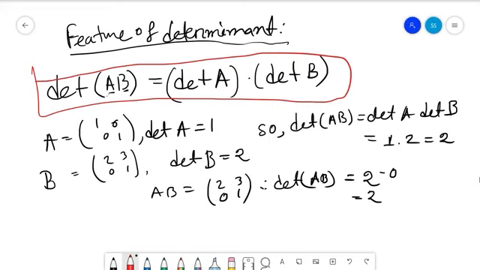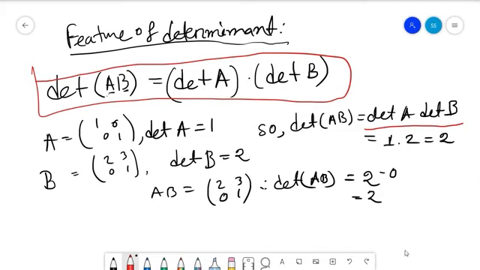And if you see on the right hand side on this part, again we are getting 2. So this is a property of determinant, that it's acting like a multiplicative operator.